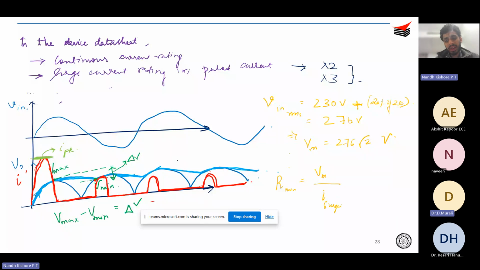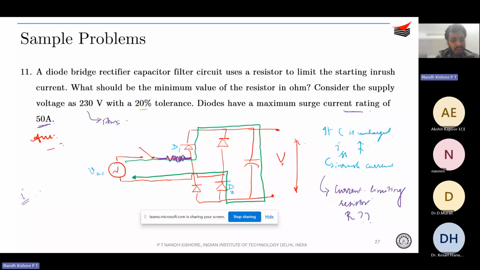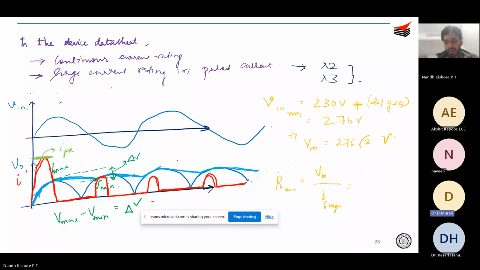I surge current rating has been given as 50 amperes in the question, 50 amperes. Therefore, your R required is 276 root 2 by 50. Okay, so 276 into root 2 divided by 50 equal to 7.806.